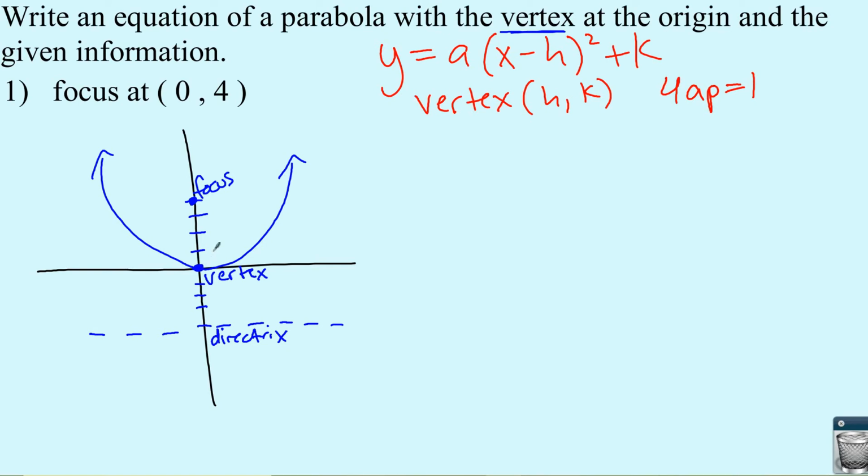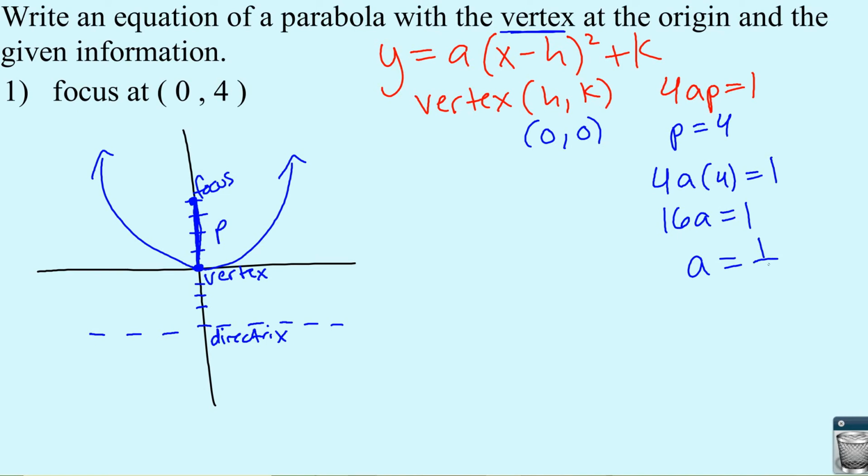Looking at what we have, the vertex here is (0, 0), and the focal length is p. If that distance is p, I can plug that in to find out what a is. So 4a times 4 equals 1, so 16a equals 1, so a equals 1 over 16. I now have a, h, and k, so now I have my equation. Since h and k are just 0, I can write it like this.